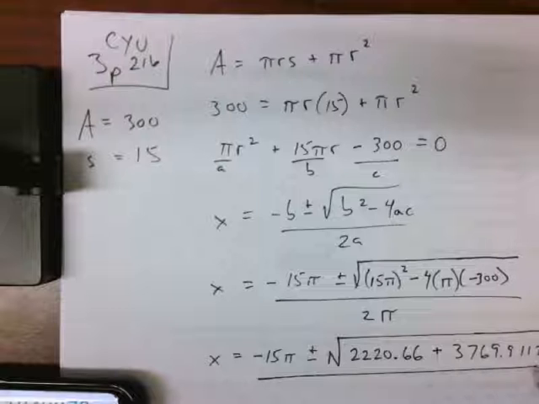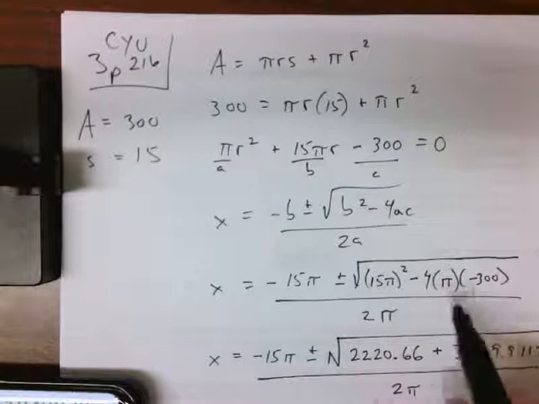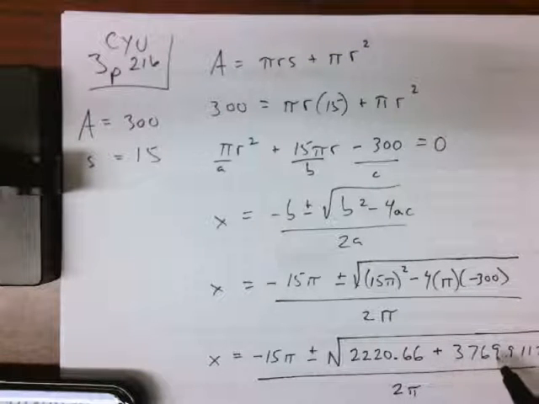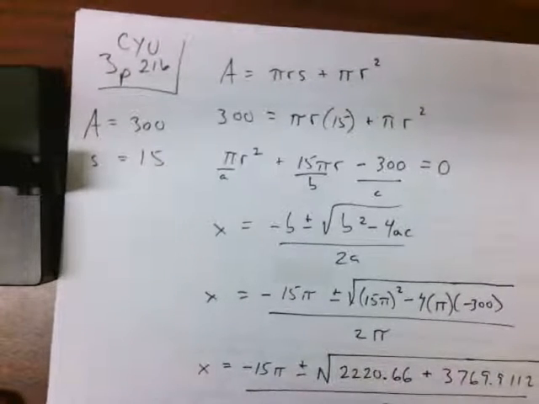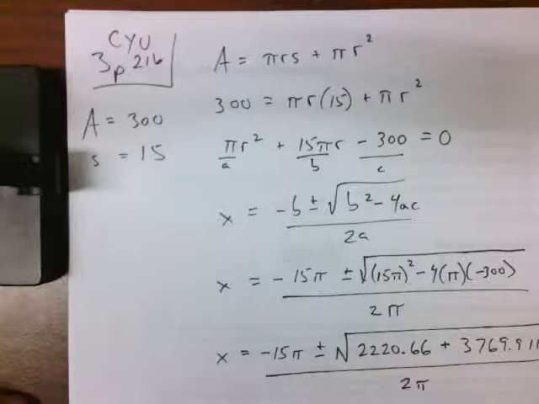See, this is one of those situations where if you can do this all in one step, and you know how to do it, and you're not making any mistakes, you're going to get a more accurate answer, because I had to do some rounding here. So I am going to do this in one step, just for my calculator. So it's negative 15 pi plus or minus something over 2 pi.